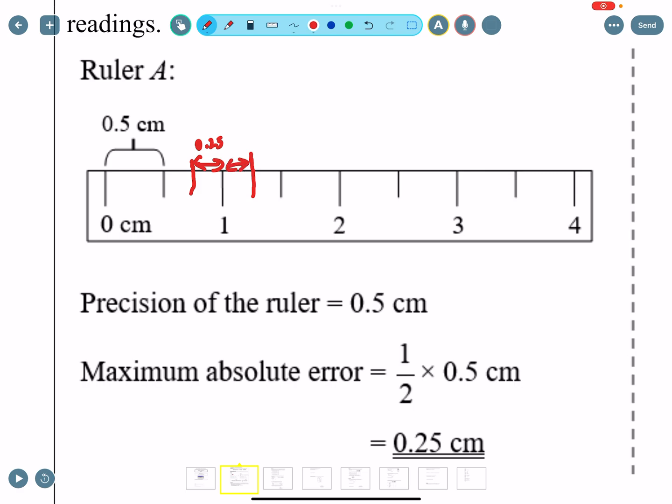So you're going to have a tendency that the actual length is 0.75 to 1.25 cm. There's a range, right? This is the lower limit, and this is the upper limit, right?